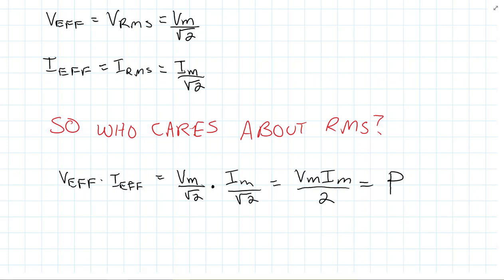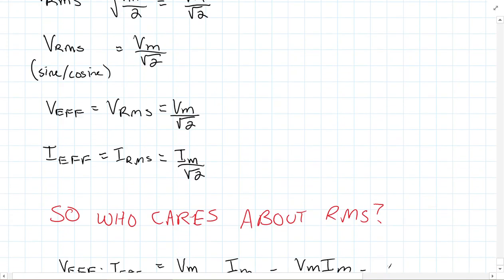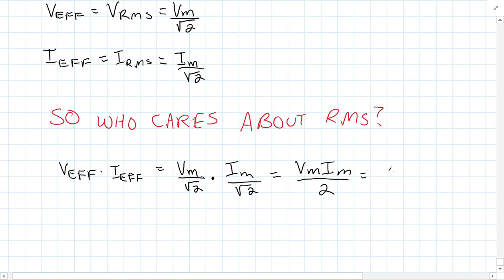Oh, I should be careful here. That is not capital P, but that is the portion in front of the cosine function. And it is going to turn out, in a lot of cases, to be our average power.